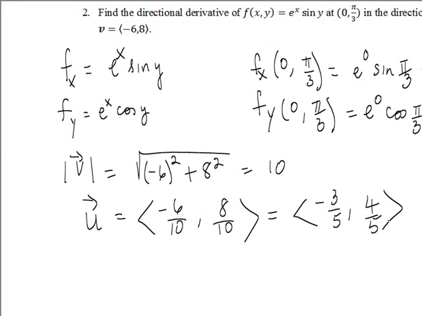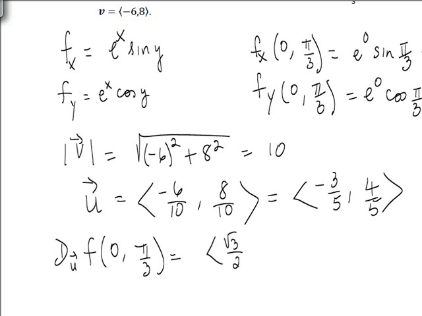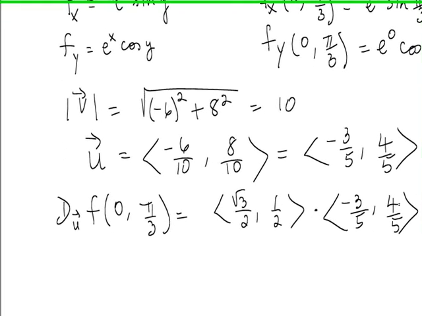So now let's find the directional derivative. So our notation, d sub u of f at the point 0, pi over 3. So we take the dot product of the two vectors. The first vector would be the partials, square root 3 over 2, 1/2, dot the unit vector, negative 3/5, 4/5, and let's work that out.